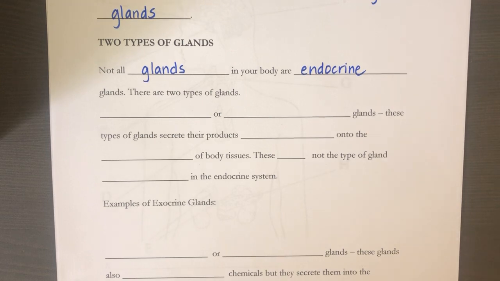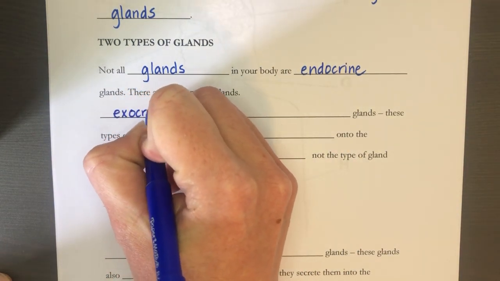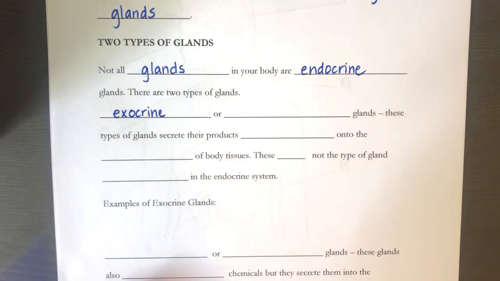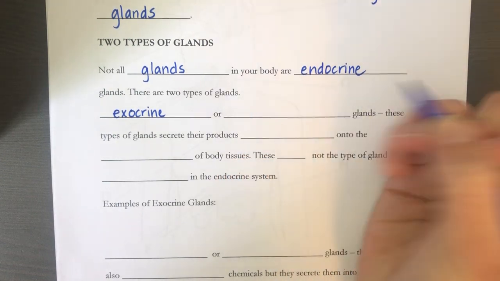But I did want you to be aware that there's more than one type of gland. So exocrine glands, that's the name for glands that are not part of your endocrine system, okay? And these exocrine glands are often called duct glands.